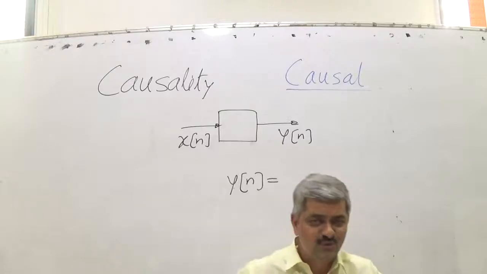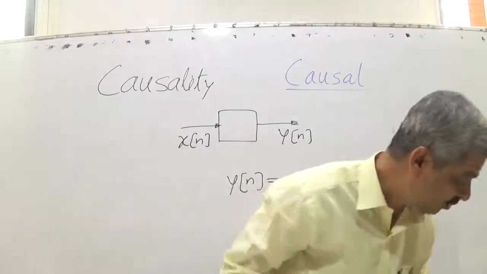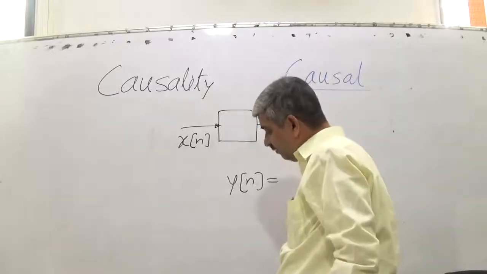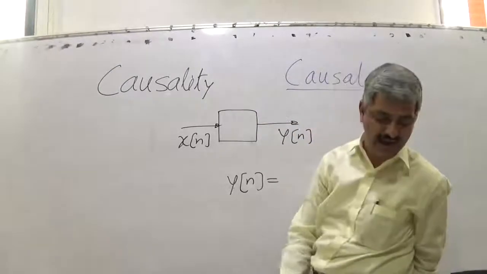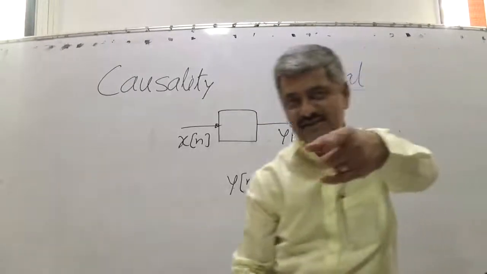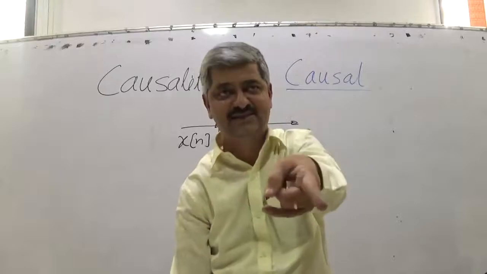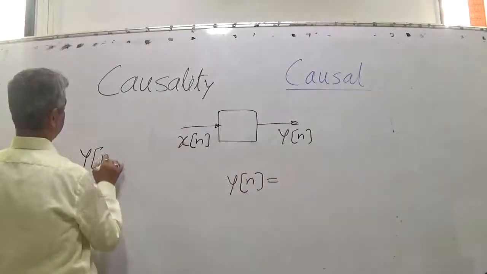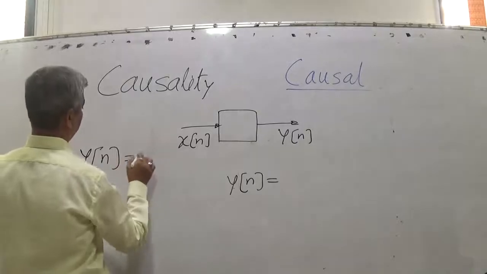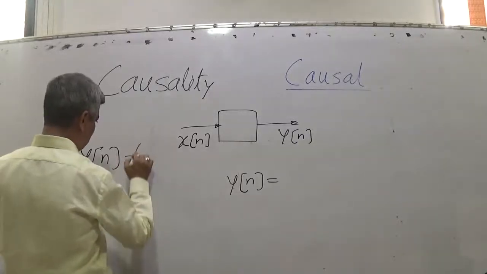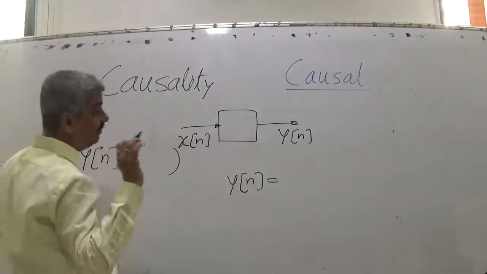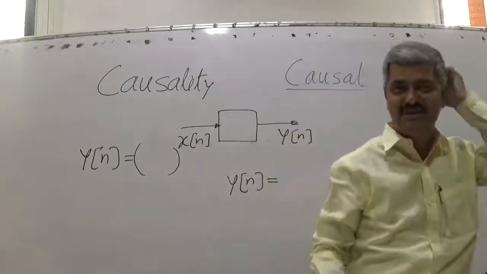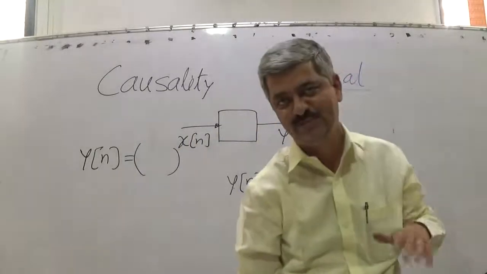So, causal means what? Cause-effect relationship. We have xn and yn. In general, yn is some function of xn; there is some equation which involves xn. What we discussed earlier was a linear combination, that is the convolution summation h(k) x(n minus k) for k running from 0 to infinity.